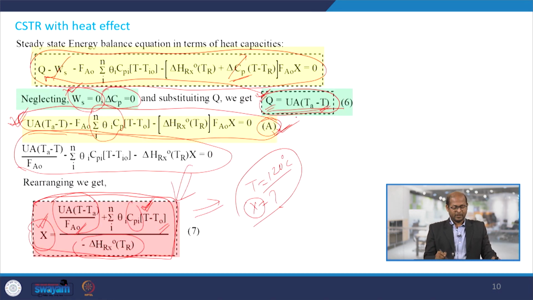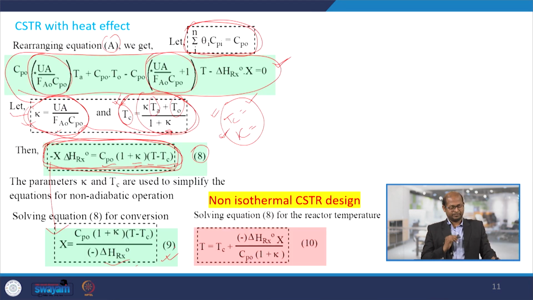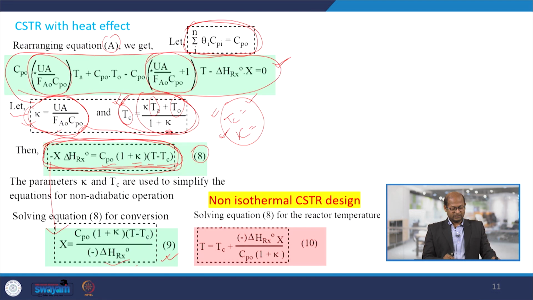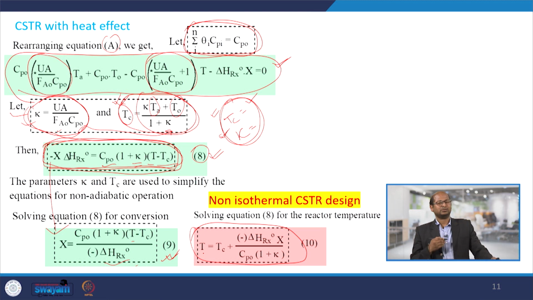Equation A and equation 9 are also the same. All of these are the same equation, but we are representing it differently by considering these other terms. Or we can rearrange this further, and equations 9 and 10 are also the same.